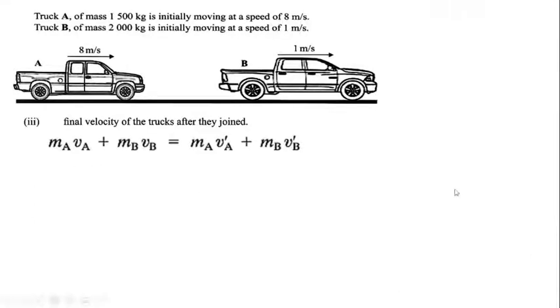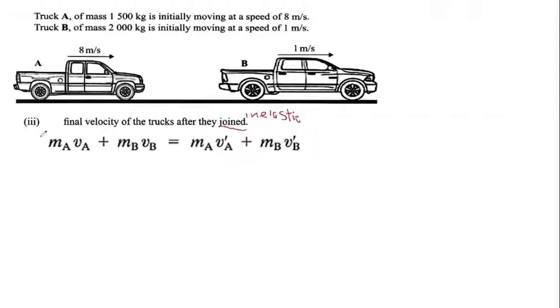Now we're asked to find the final velocity of the trucks after they've joined. So here's another keyword that tells us that this is an inelastic collision. So you might also see joined. That tells us it's an inelastic collision if you didn't know yet.